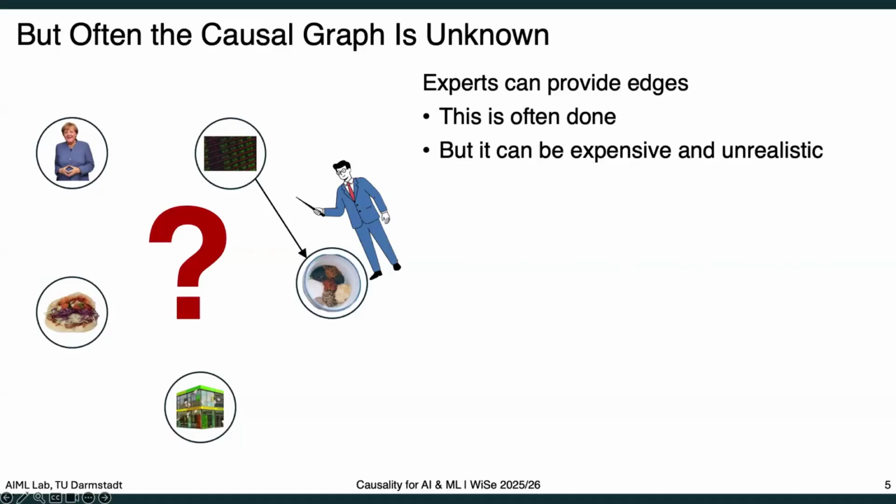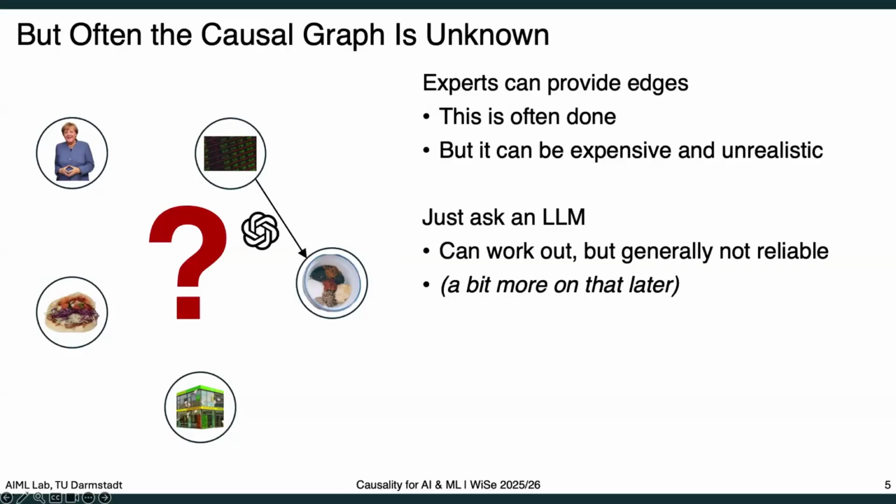But in practice, especially from the machine learning point of view, where we want to apply causality to a bunch of new data sets, it can be quite expensive and also unrealistic. Even if you imagine a setting with 100 variables, sure, experts might be able to tell you, yeah, this has a causal influence on that. But that doesn't mean there's a direct edge, right? Because it can be a complicated long path. So always relying on experts in all situations is definitely not the way to go.